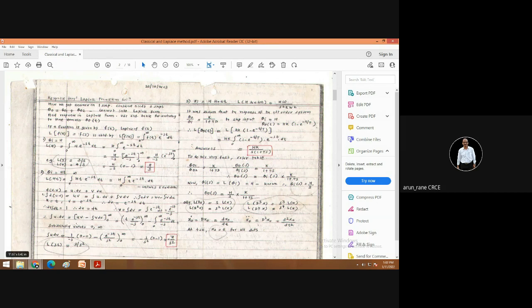U into integration of v, minus integration of, so let us see now, you apply this over here.